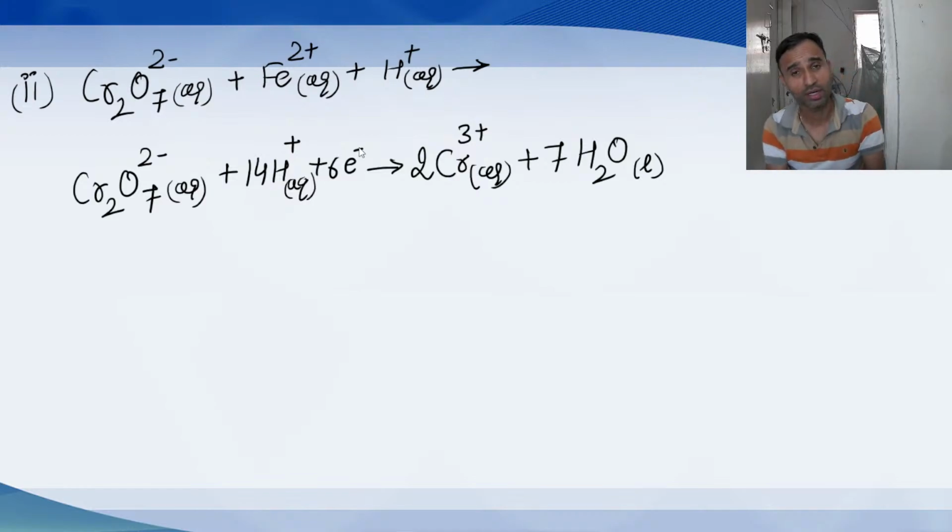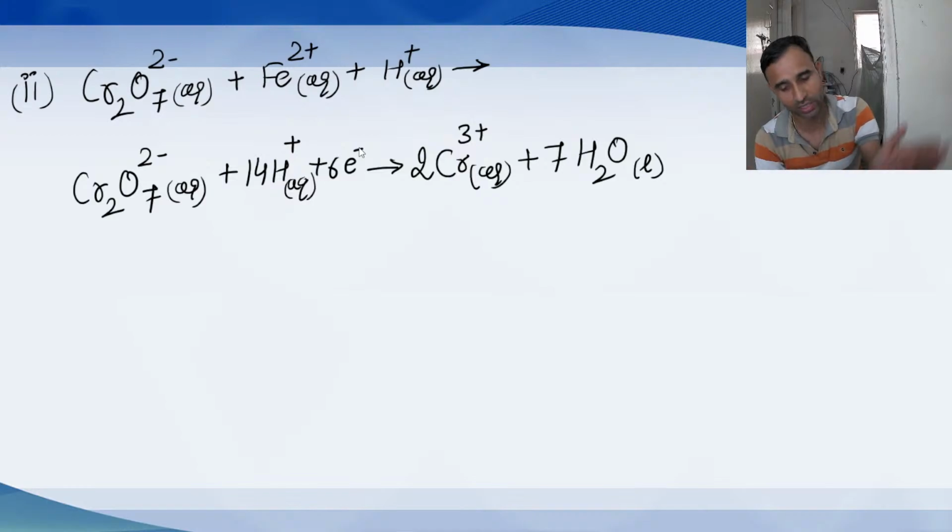In this part, always keep in mind that first of all, we have to balance chromium. Sometimes students make this mistake. In dichromate there are two chromium, but on the right side there is only one chromium.